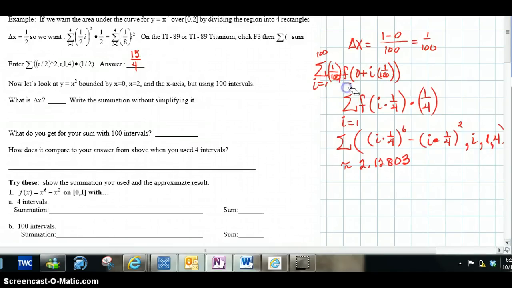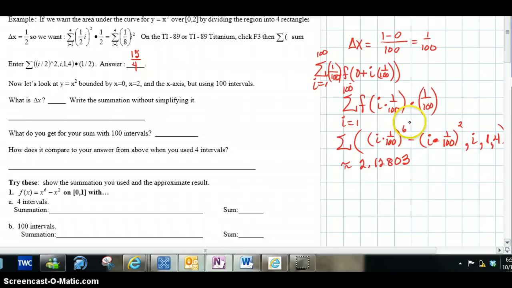Putting that into our summation formula, simplifying, it's summation from i equals 1 to 100, f of a multiple of 1/100th, times each width, which is 1/100. So we have the summation, F3, summation formula, i times 1/100th to the 6th power minus i times 1/100th squared.